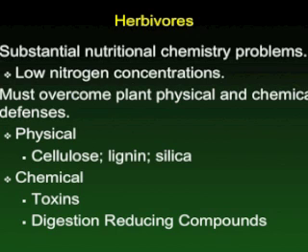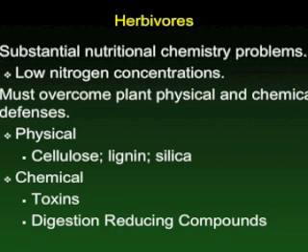In addition, they have to overcome a wide variety of physical and chemical defenses that plants have developed so that they won't be eaten. Things like thorns and prickers and various chemicals that cause stinging. If you've ever come across stinging nettles, you know how painful that can be.